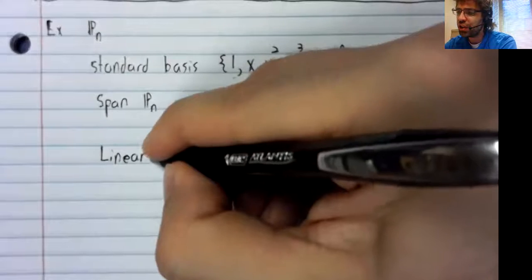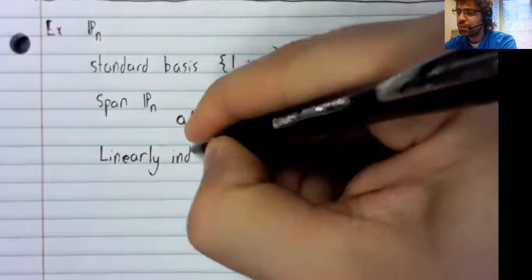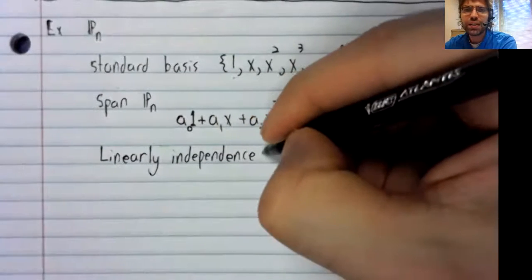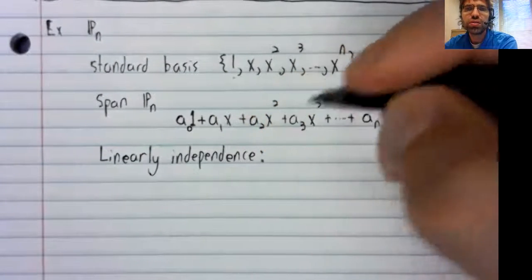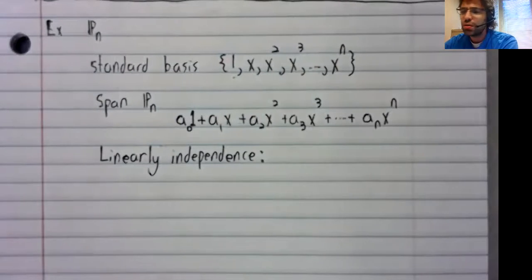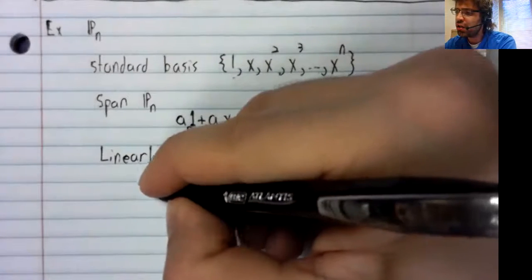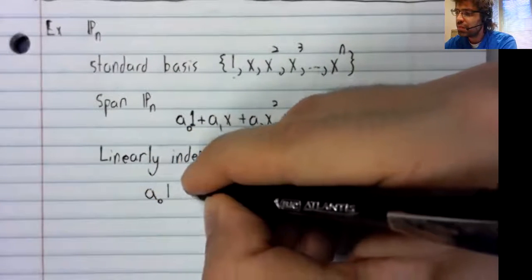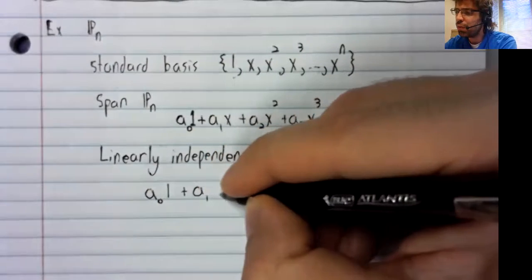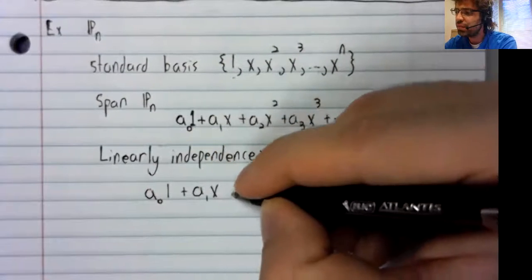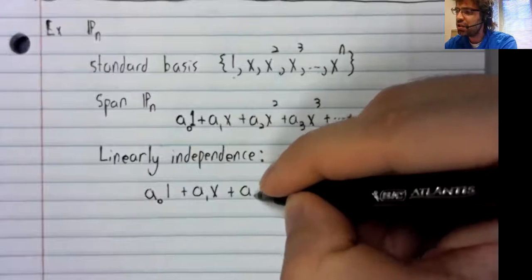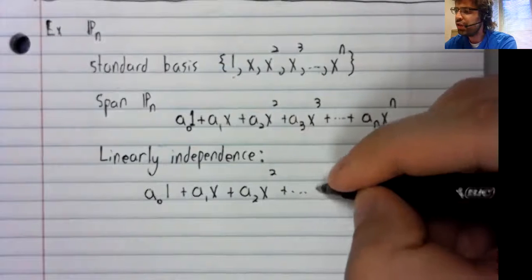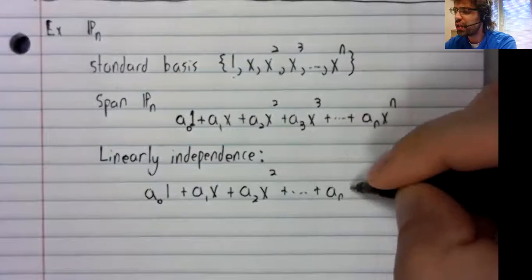What about linear independence? So to be linearly independent, the following equation needs to have only the trivial solution.